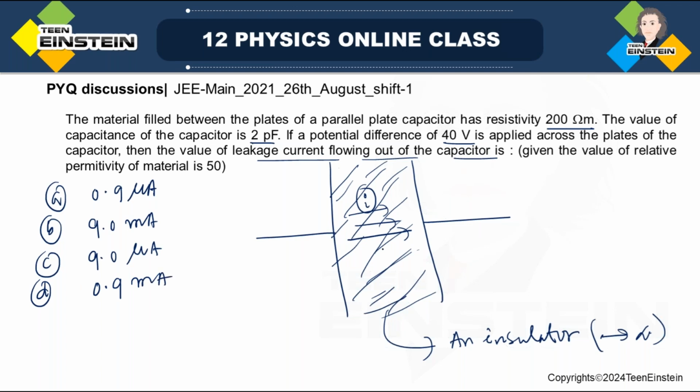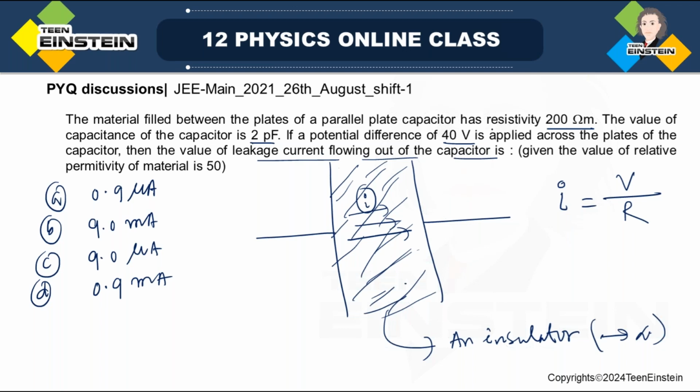So what is leakage current? As I said, since this material is not a perfect dielectric, there will be current passing through the material itself. That particular current is called leakage current, and it is written as I is equal to the potential difference V across the plates divided by R, that is the resistance of the material.